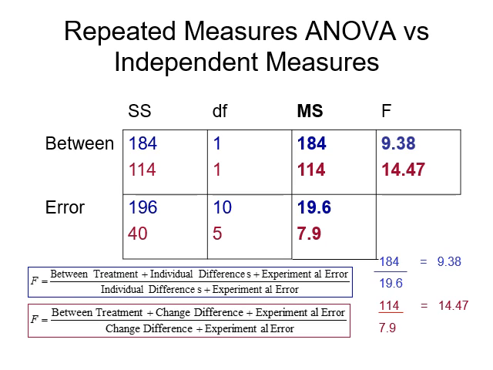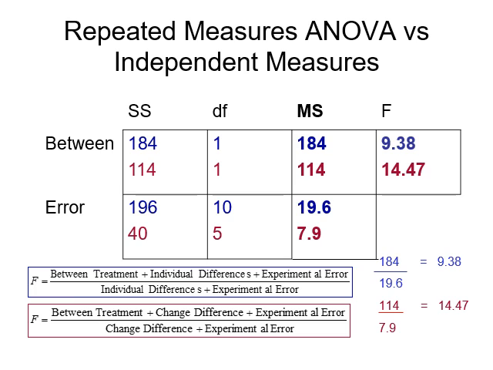If we look at the red box at the bottom, this is what's happening theoretically with the repeated measures ANOVA. We have the between treatment effect just like we did originally, but we also have the change difference. In other words, we're actually getting to add the treatment effect twice on the top of this equation. We're replacing individual differences with how those individuals differed from group to group. So not only are we getting the between treatment differences, what were the mean differences between each treatment, we're also getting to add in how the various people changed from condition to condition.